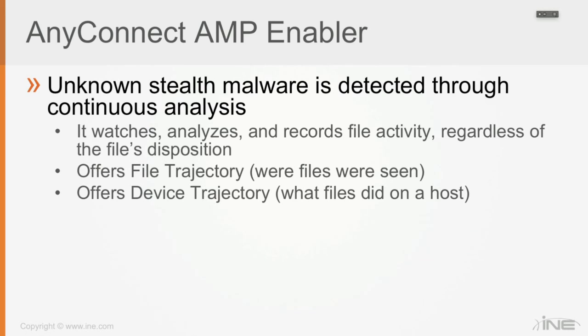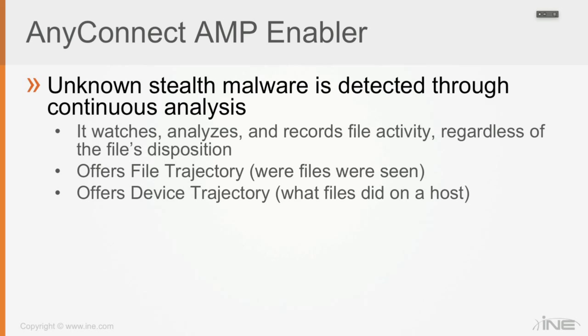AMP offers file trajectory and device trajectory, which means it's going to tell you exactly what the trajectory of the file is: from where the file got downloaded, using what protocol, on which system, which user was connected, and also to which other systems that file has been replicated, which means what other systems have been infected.